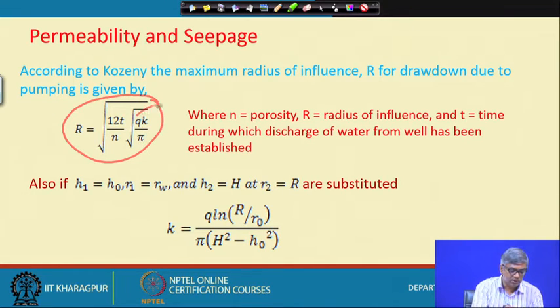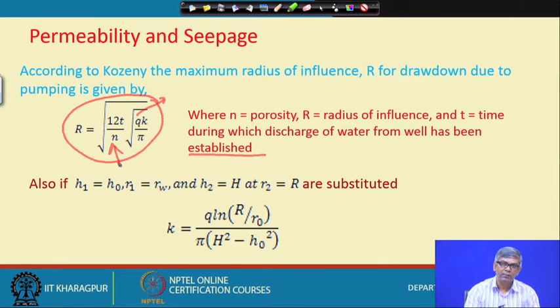Here q is the quantity of discharge, n is the porosity of the soil, r is the radius of influence, and t is the time during which discharge of water from the well has been established. k we can initially measure by pumping observation well, and after determining k, the next step is to find r I. This is one way to determine r I.